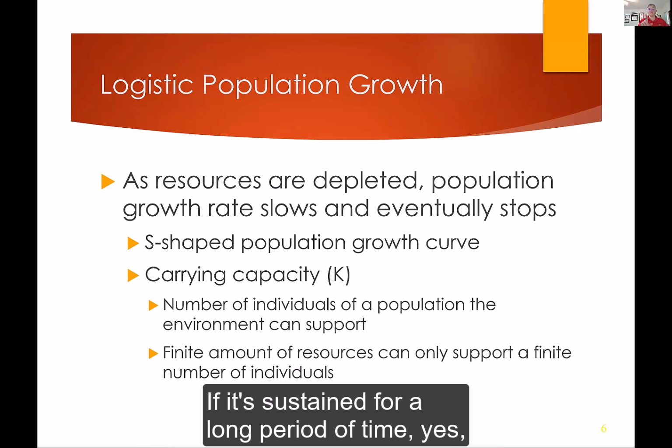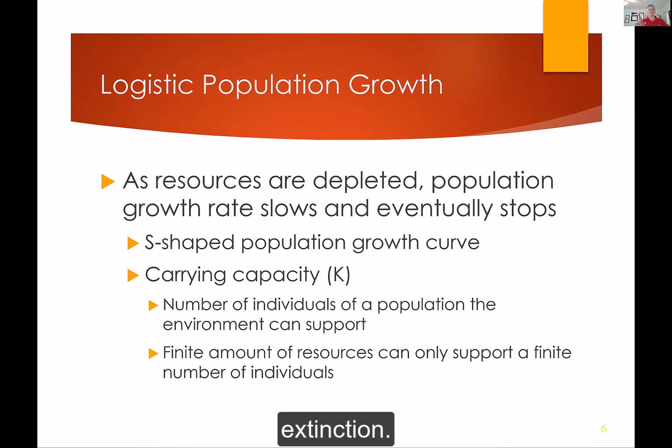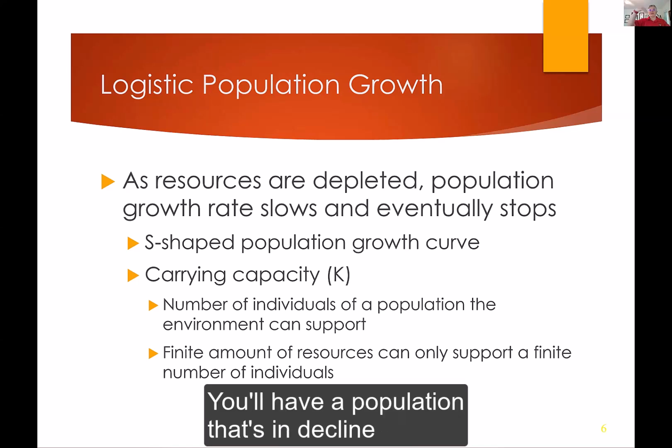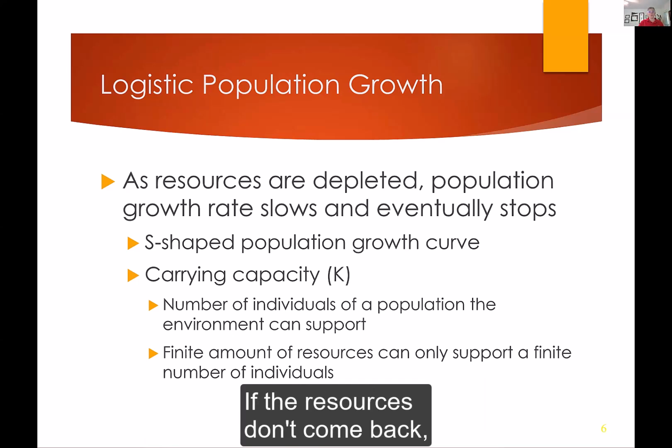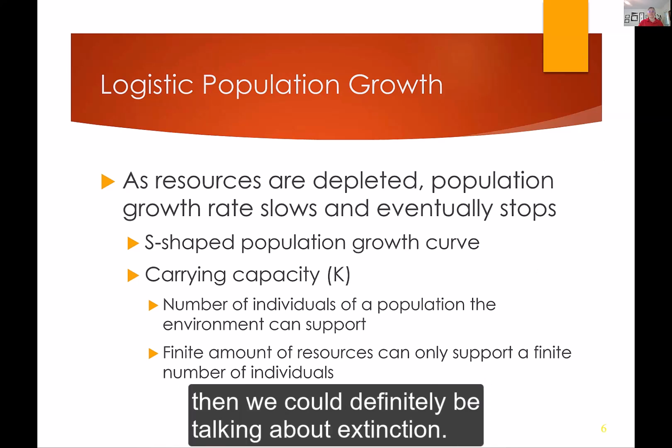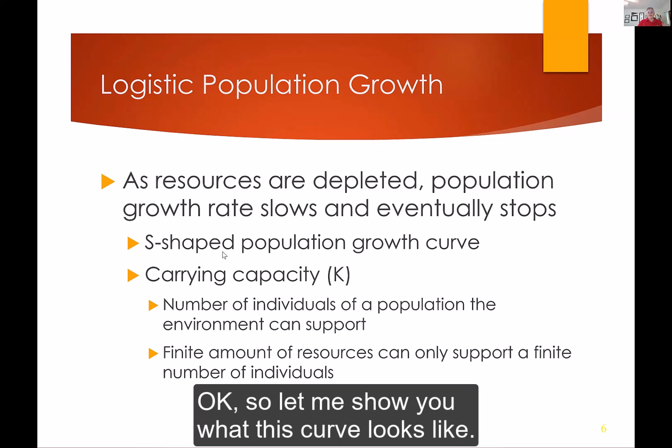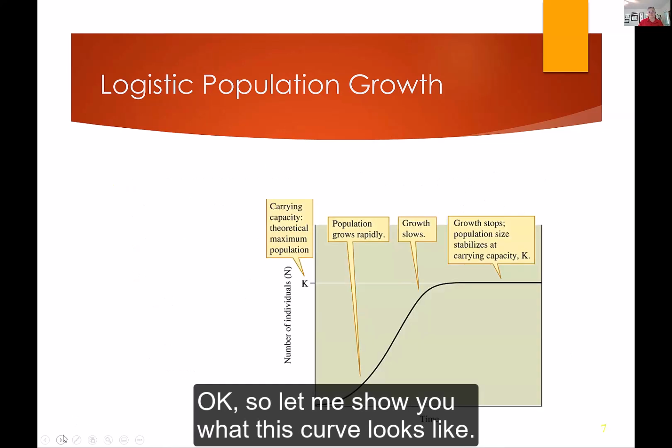If it's sustained for a long period of time, yes, extinction, but death, right? You're going to have a population that's in decline for some period of time until those resources come back. Now, if the resources don't come back, then we could definitely be talking about extinction.